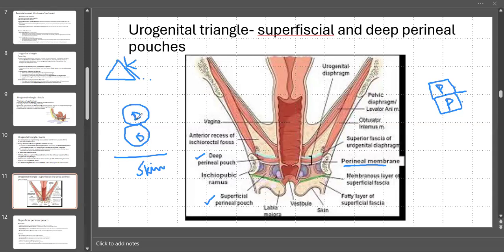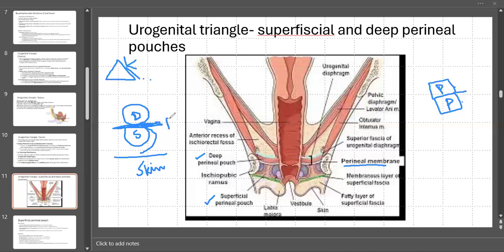That's all. Okay. Now, if these two are different structures, then there must be something which is separating these two. So we decided that deep layer of fascia is serving here as a curtain.